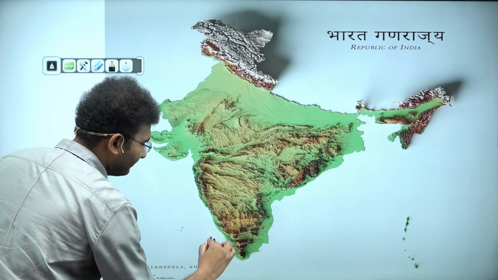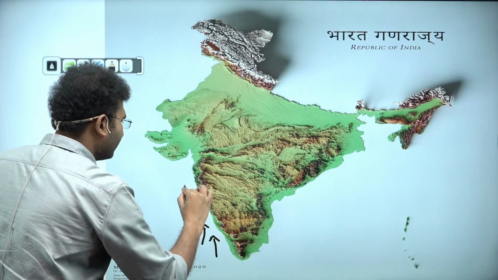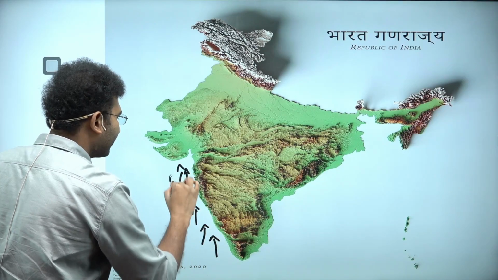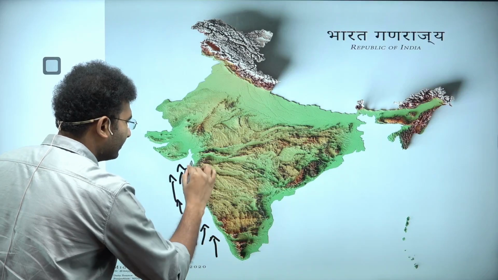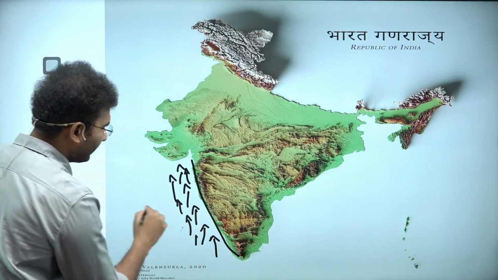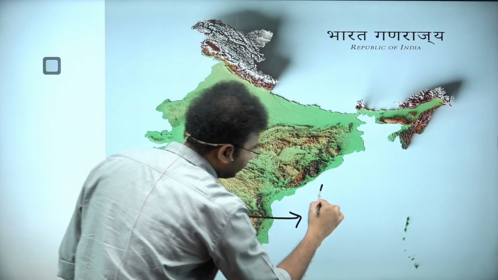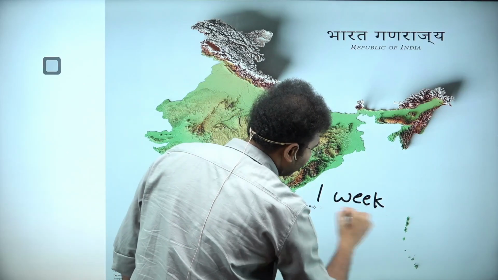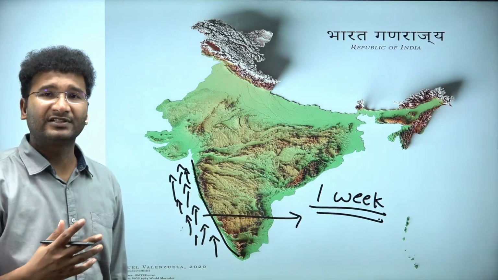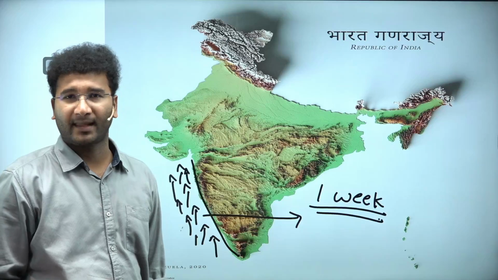The Arabian Sea winds will start to move straight. They are moving parallel to the coastlines. Now for about a week, you will get to see not much rain over India. Why?